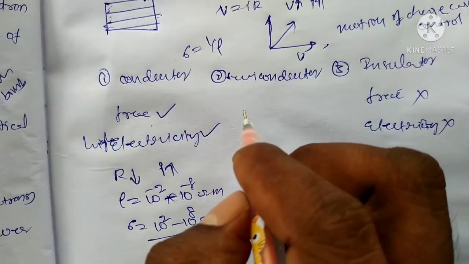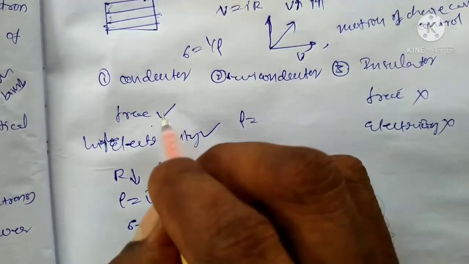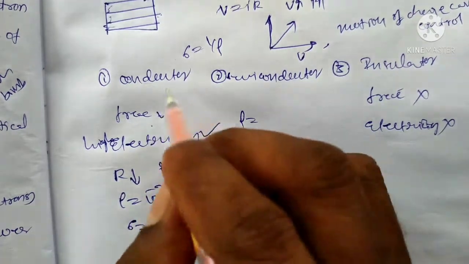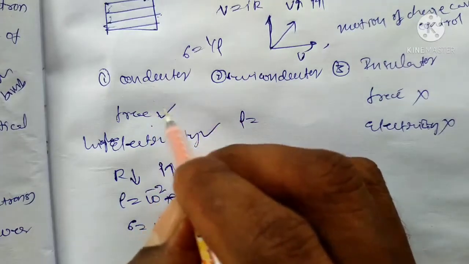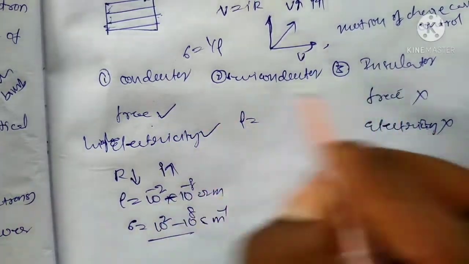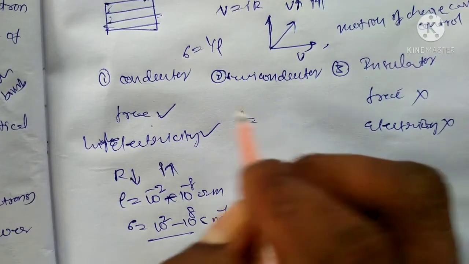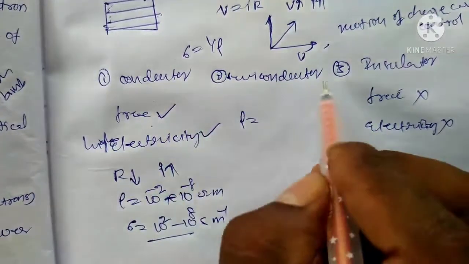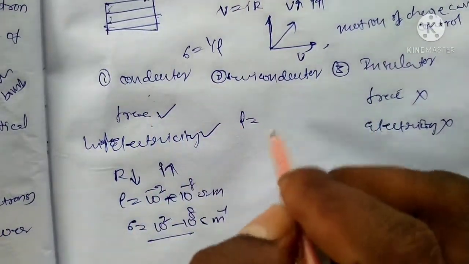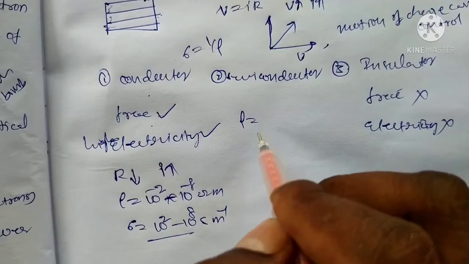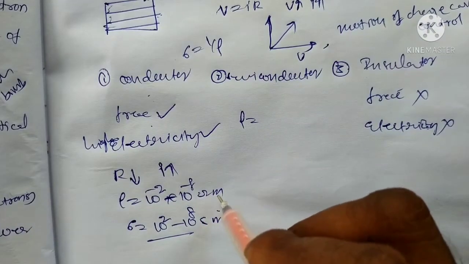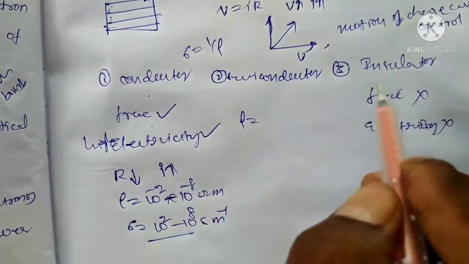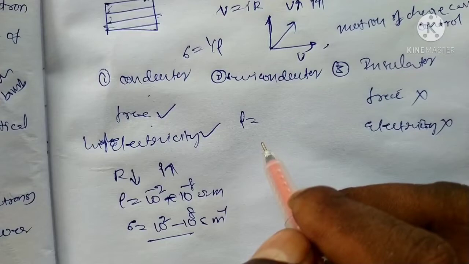Going to semiconductors, these are the thermal and electrical properties of conductors. Semiconductors lie in between conductors and insulators: electrical, thermal, resistivity, conductivity, current, voltage, resistance, all have medium properties.